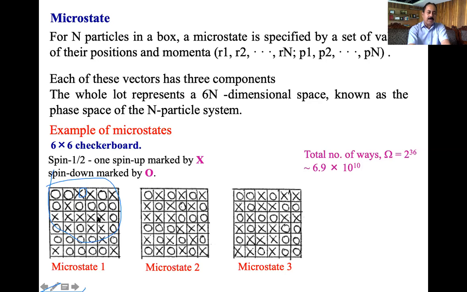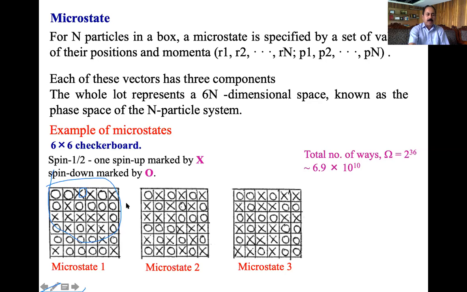This is one configuration. If we take the total configuration of these 36 particles, some particles are spin up and some are spin down. So this is one configuration.